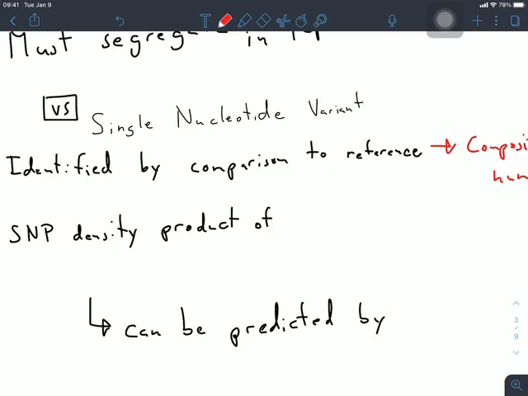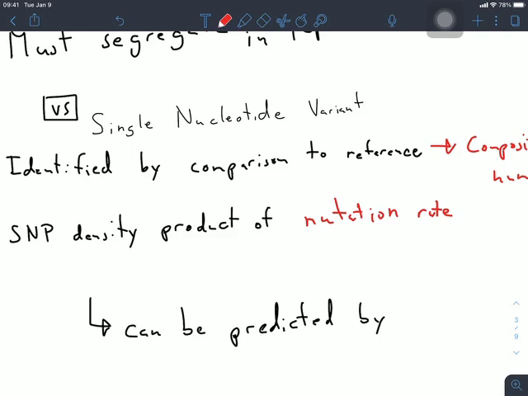Well, first and foremost, how do we make SNPs? Well, mutation rate, right? SNPs are fundamentally mutations. So if we're looking at SNP density in any part of the genome, meaning SNP density on the long arm of chromosome 3 compared to the short arm of chromosome 6, we're going to see whether there's a variation in mutation rate across those two chromosomes.